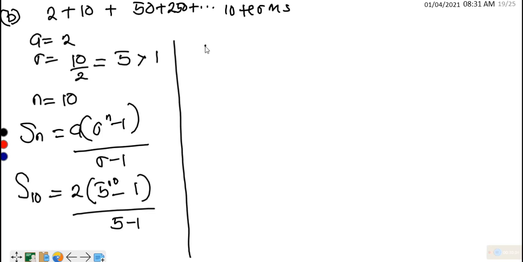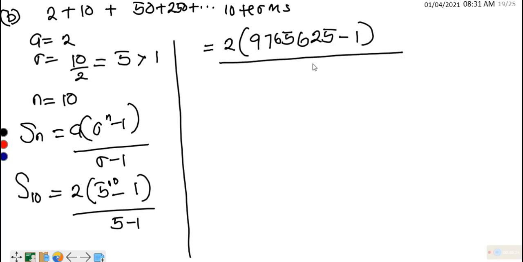And that, of course, is equal to 2 times 5 raised to power 10, which is 9,765,625, minus 1, everything over 4. 5 minus 1 is 4, so 2 over 4 gives 9,765,624 over 2.